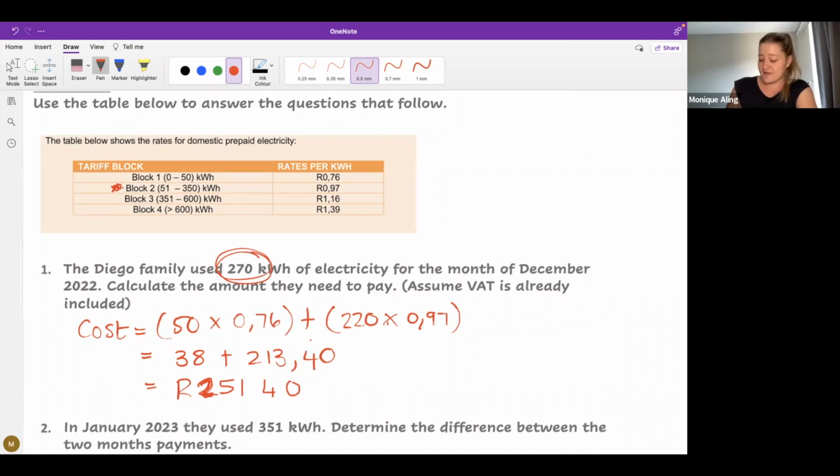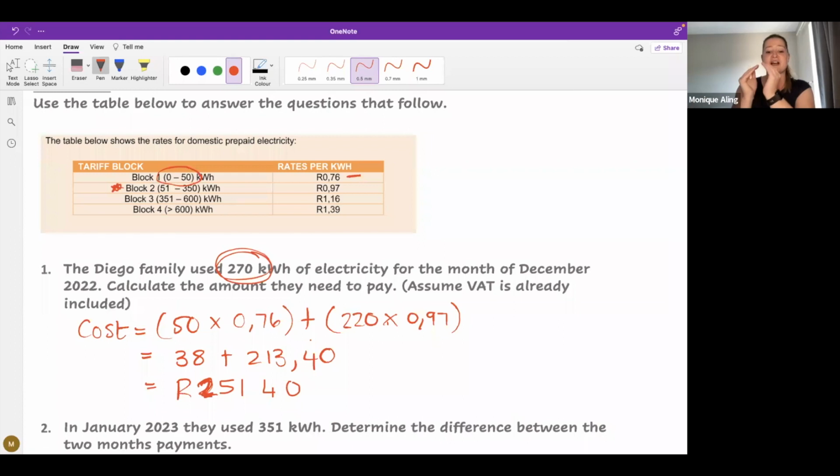The first 50, as you can see, it says 0 to 50, we charged at a slightly cheaper price. So the first 50 units of electricity that you use is going to be charged at a cheaper price. After that, so 51 to 350, you're going to get charged at a slightly higher rate. So if you use over 50, you're now going to pay a little bit more.